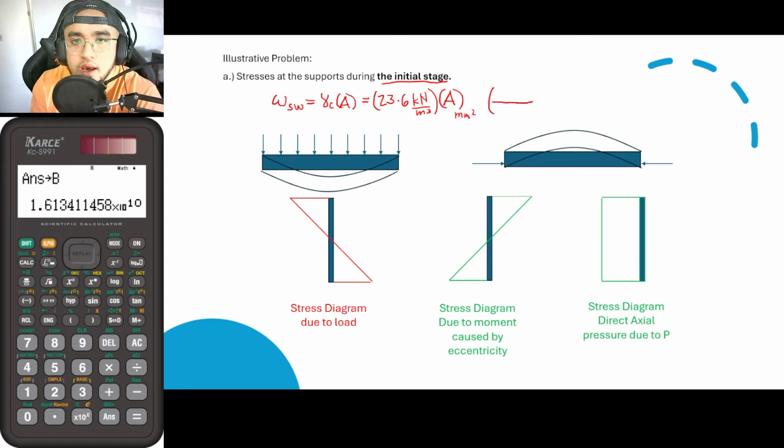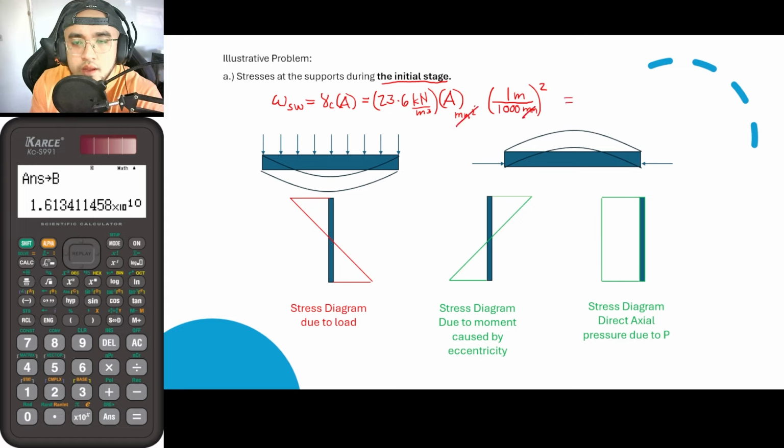So from that, guys, I would multiply this by a conversion factor of, for every 1 meter, I have 1,000 millimeters. But take note, we must square it first, in order for this to cancel out.